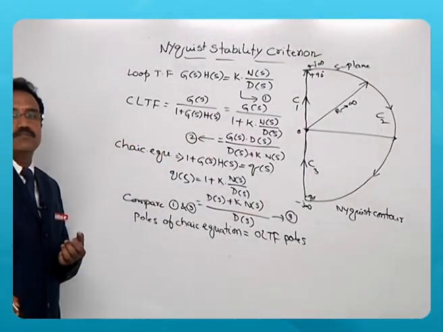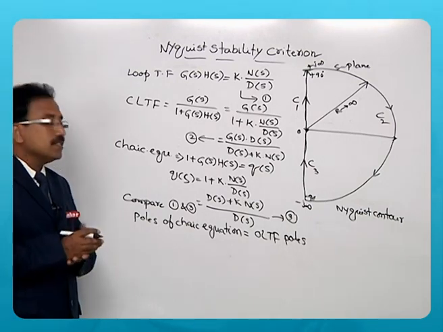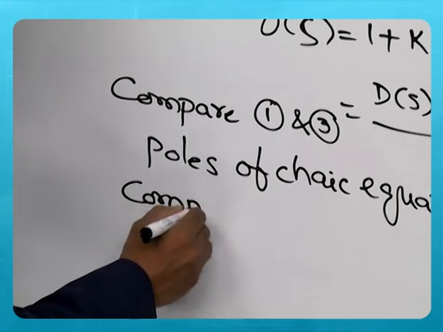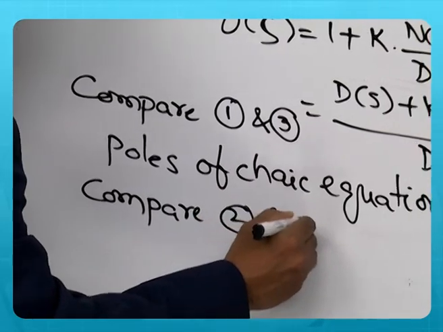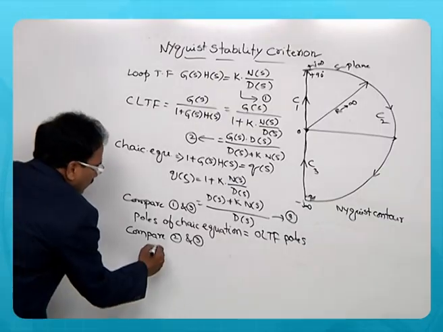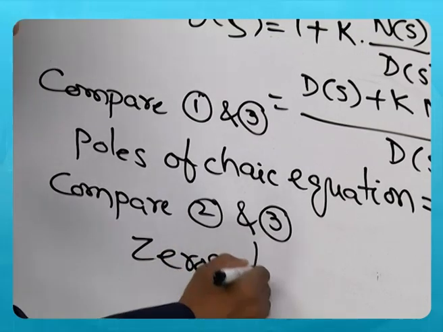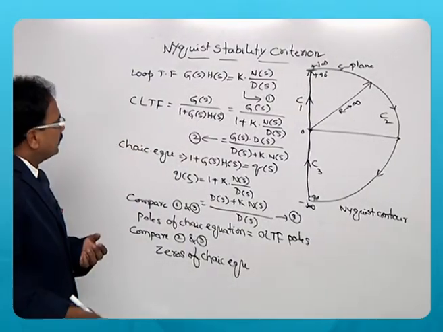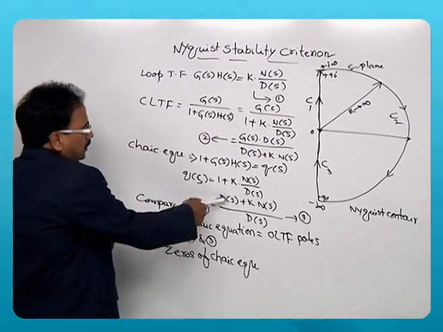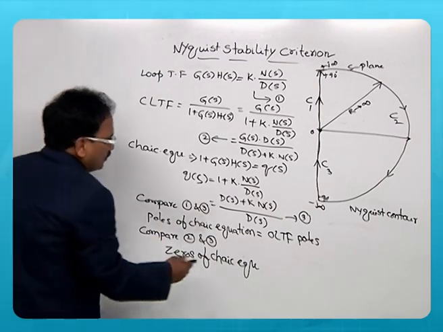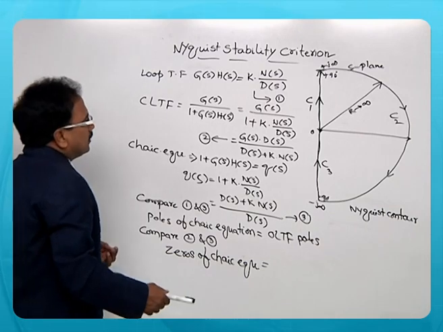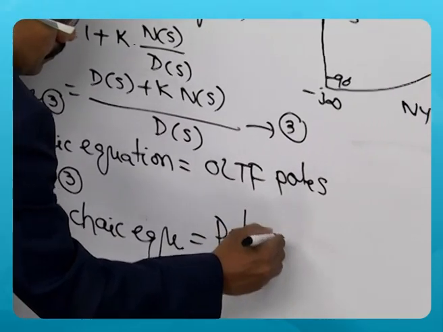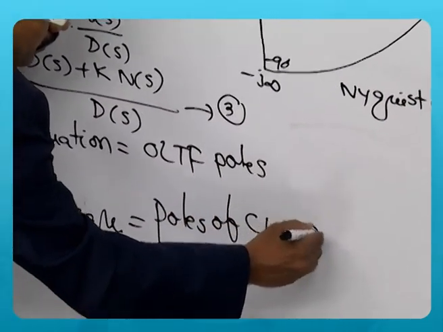This is the conclusion we can arrive at: poles of the characteristic equation are nothing but open loop transfer function poles. And when you compare equation 2 and 3, the zeros of the characteristic equation, that means the numerator term, are nothing but the poles of the closed loop transfer function.